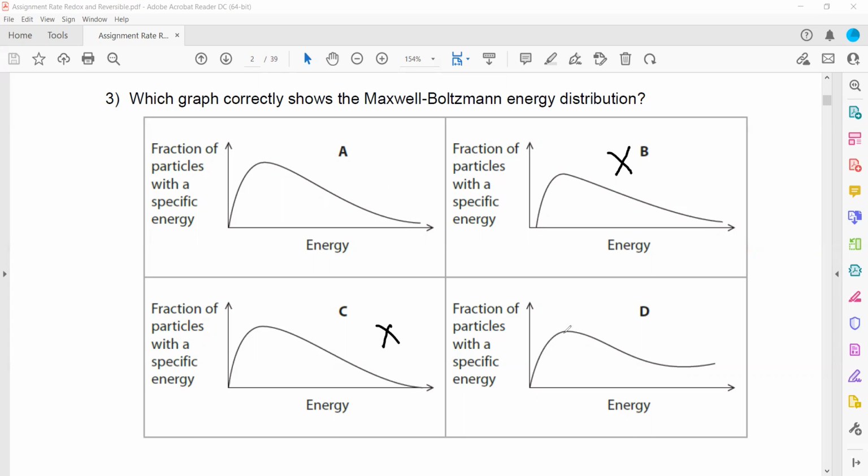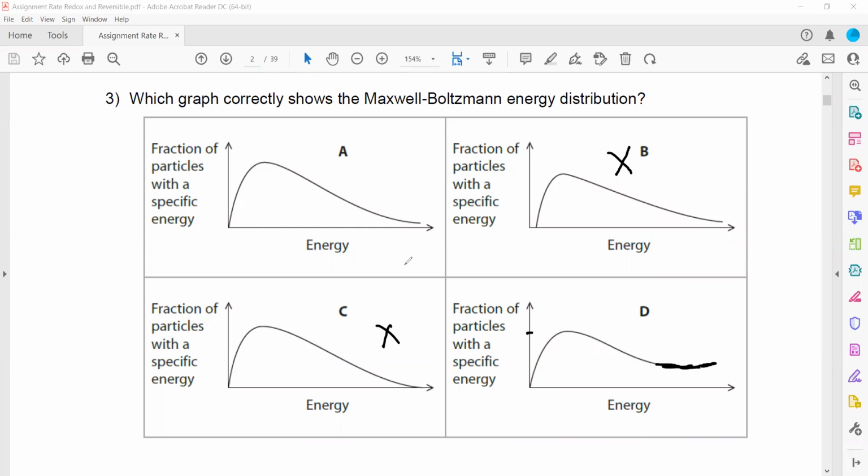This is the number of the particles which are having average energy. Then the number of the particles which have high energy, that is constant. A horizontal line means that it is constant. But that should not be constant. Basically, the number of the particles which are having high energy will decrease, because most of the particles will have average energy and few particles will have high energy.